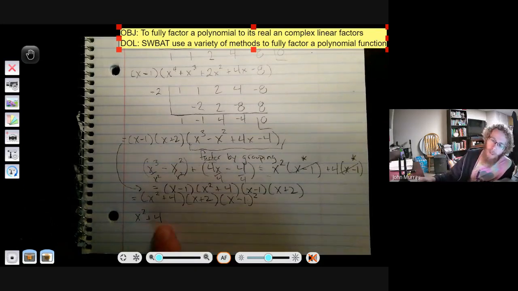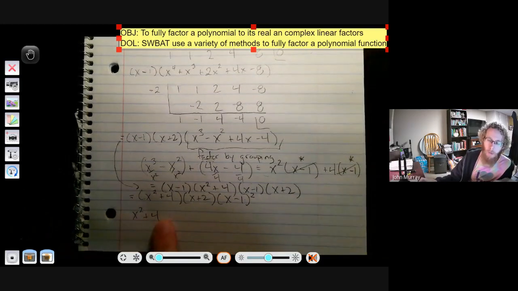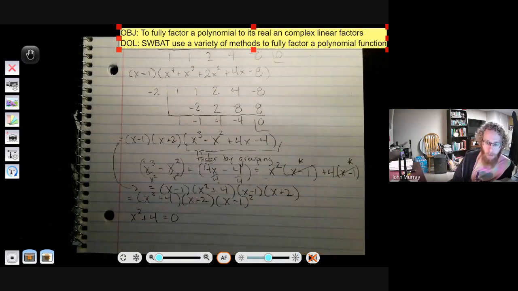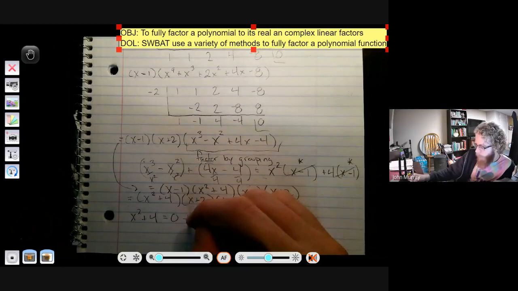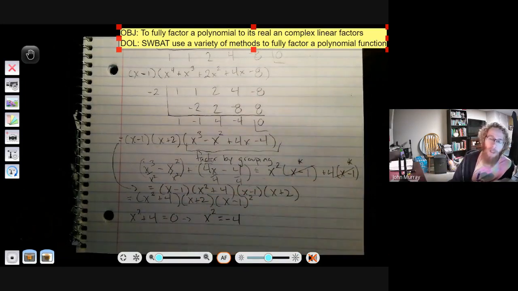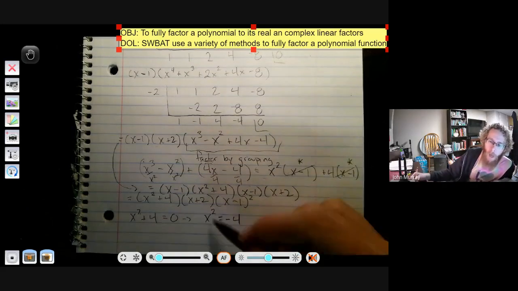But this is a special case because it is a quadratic binomial. So this I can set equal to 0, and I can just solve for x. I subtract 4 from both sides. I get x squared equals -4. Now we have to be careful because in this next step there's something that a lot of people forget.